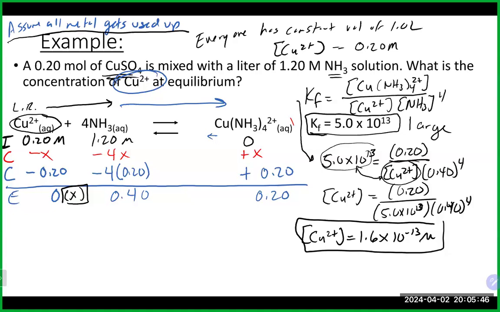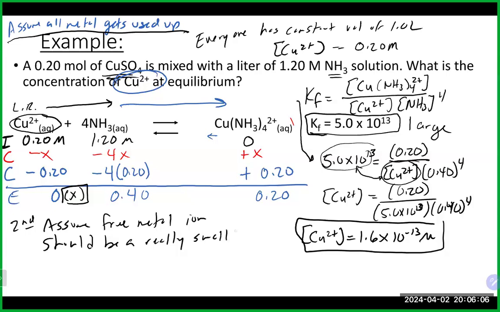We assume all the metal gets used up. So that should always be really like the change part of these tables. And the second assumption is we assume that the free metal ion should be a really small number, which obviously it was in this particular case.